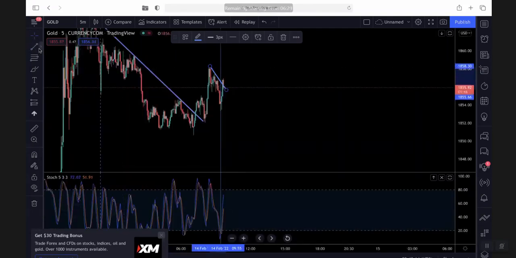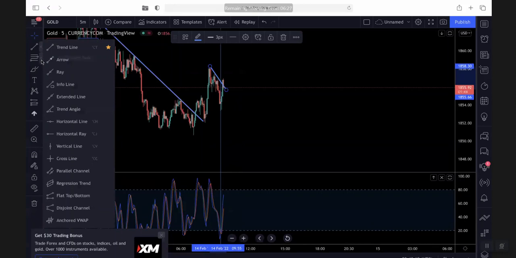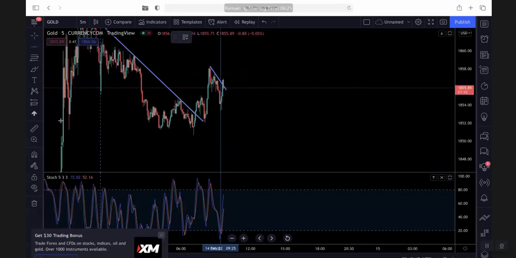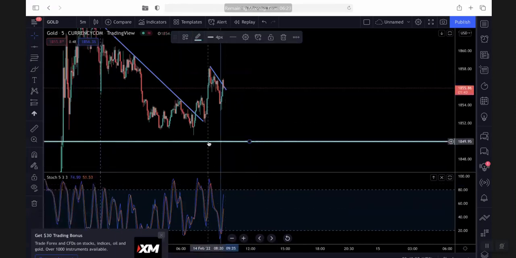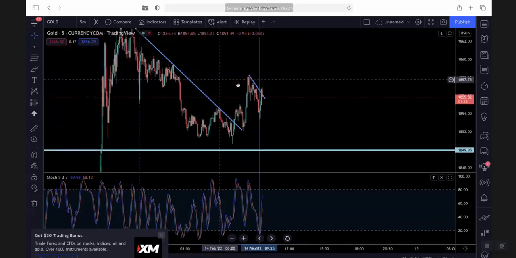So stop loss will be around here. Why are we putting it there?